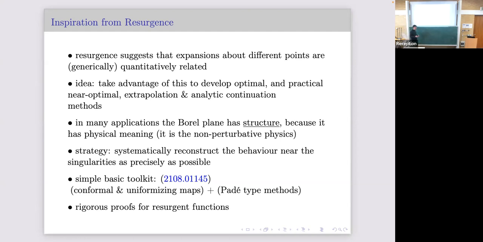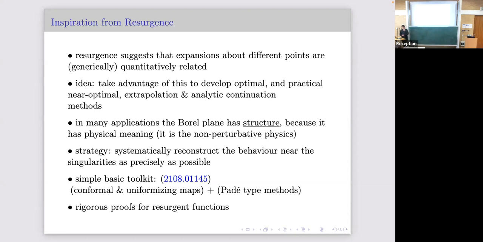A resurgent function is endlessly continuable in the plane. So the singularities could be anywhere in general. But in physics problems, that's not what happens. It's structured, and you can take advantage of it. And I'll show you why that's the case. The reason it has structure is because it's genuine physics. It is the non-perturbative physics. That's what this is.